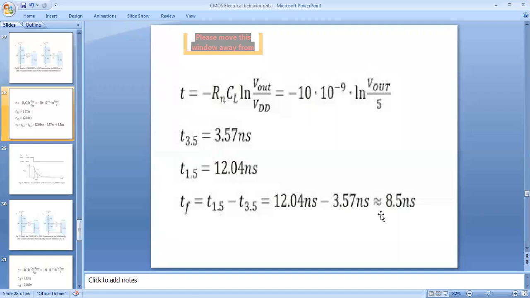This is the fall time, TF, mentioned in a small box. TF equal to 8.5 nanoseconds.